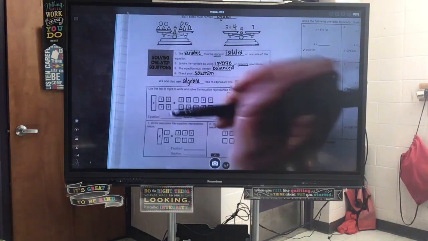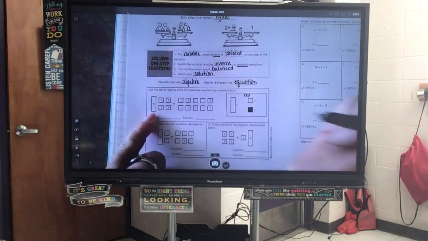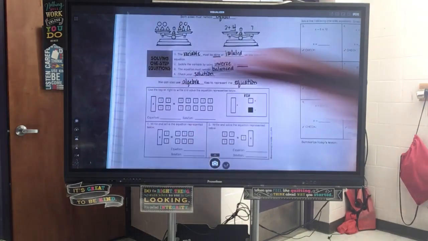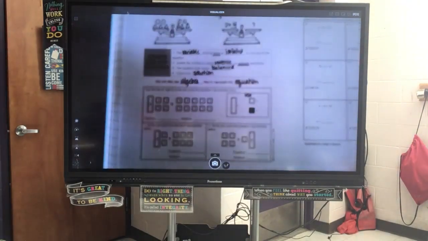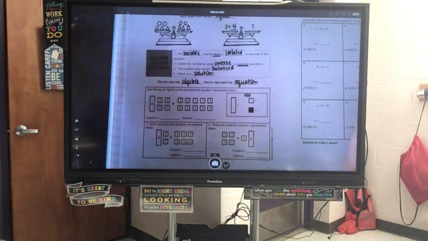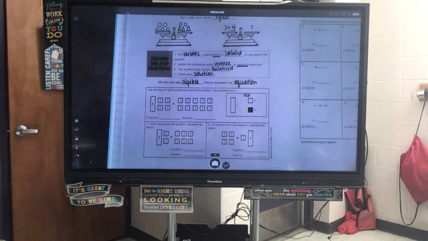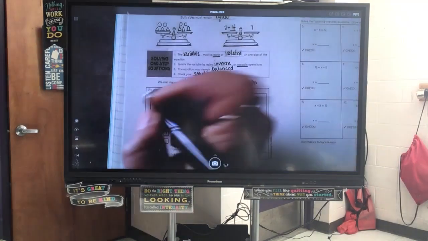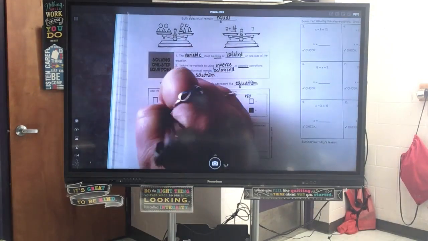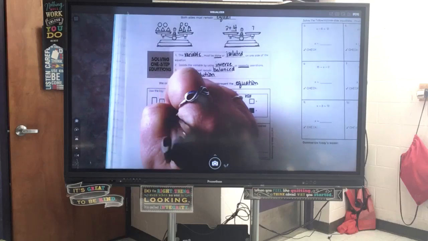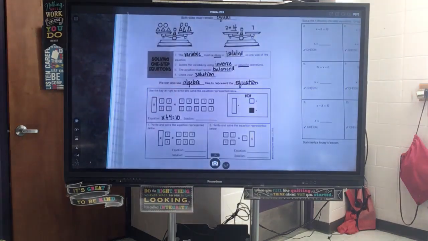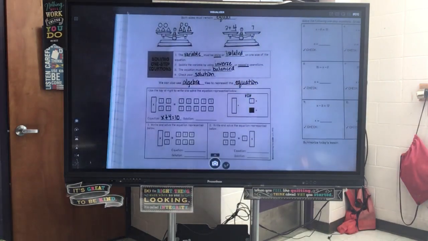Alright, so X is our tall little block, and then we have 4 individual ones, correct? Okay? And then over here it says it equals 1, 2, 3, 4, 5, 6, 7, 8, 9, 10. Alright, so we have to figure out that the equation is X plus 4 equals 10. So that's what that visual means.